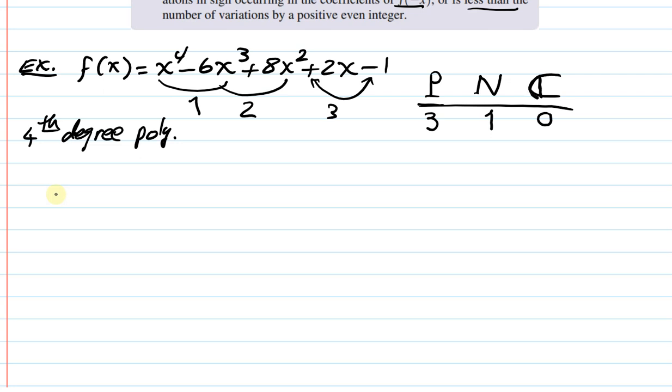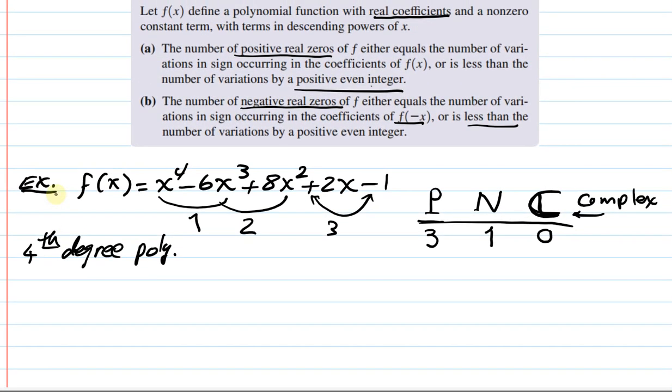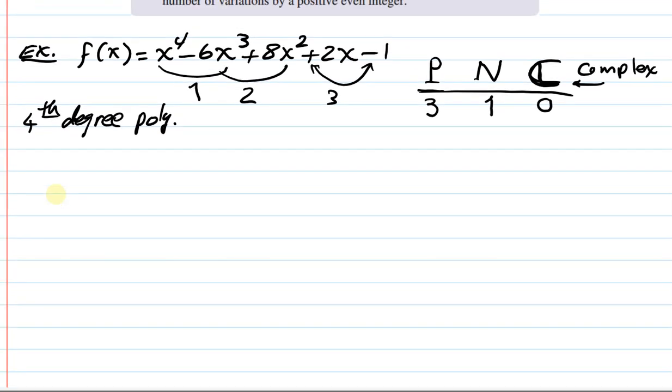My funny looking C here stands for complex solutions. Now, the number of positive solutions is the number of variations in sign, or less than that number by a positive integer. So it could be 3 or 1. Well, if it's 1, and this is a 4th degree polynomial, how many negatives could I have?